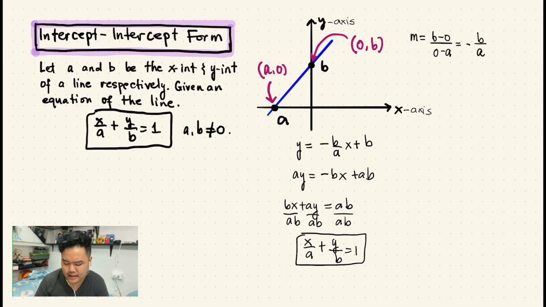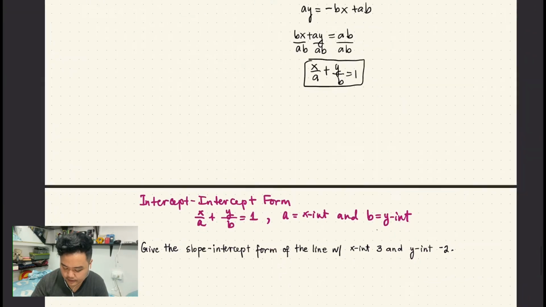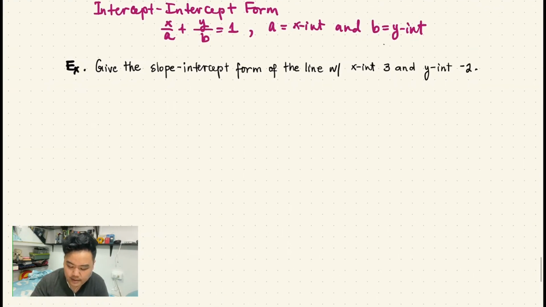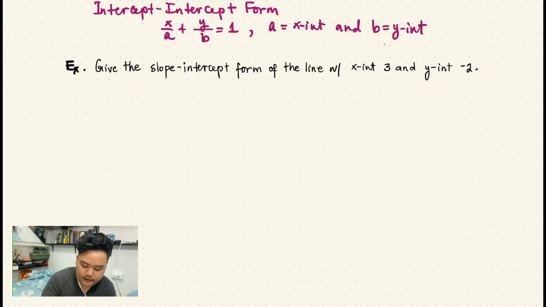Okay, so bigay lang tayo ng isang example. Dinidiscuss natin to kasi baka ma-encounter nyo lang siya somewhere, or pampabilis lang din mag-solve. Sinulat ko lang yung result natin kanina. So, give the equation of the line with x-intercept 3 and y-intercept negative 2.